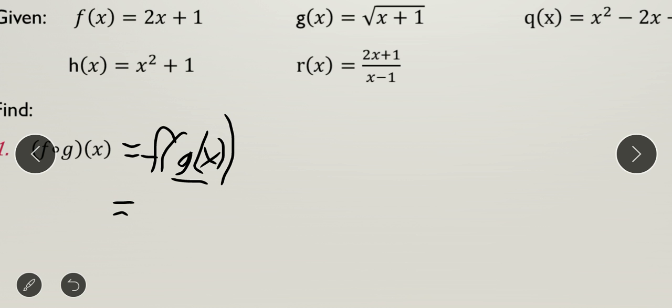But what is g of x? G of x is just equal to this. So all we have to do is to copy within the parentheses. So this is now f of the square root of x plus 1.